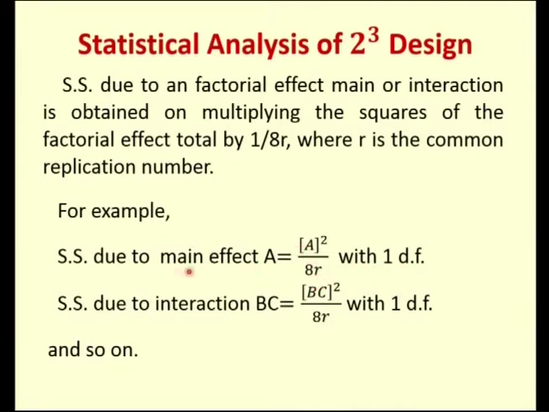In the same manner we can obtain the sum of squares due to the other main effects B and C. Also, the sum of squares due to the interaction effect BC is equal to the factorial effect total BC within square brackets, the whole squared, divided by 8r, and it will also have 1 degree of freedom. In a similar manner we can obtain the sum of squares due to the other interactions AC, AB and ABC.